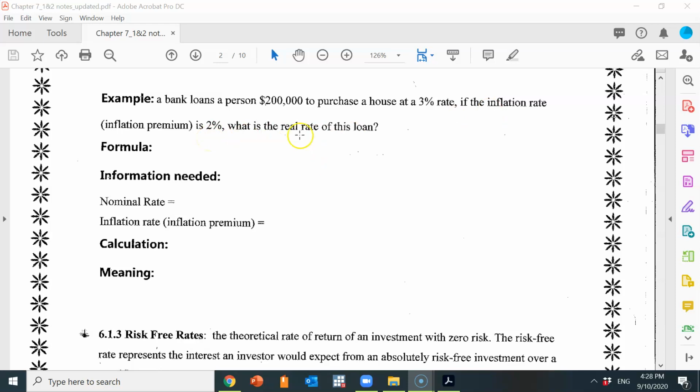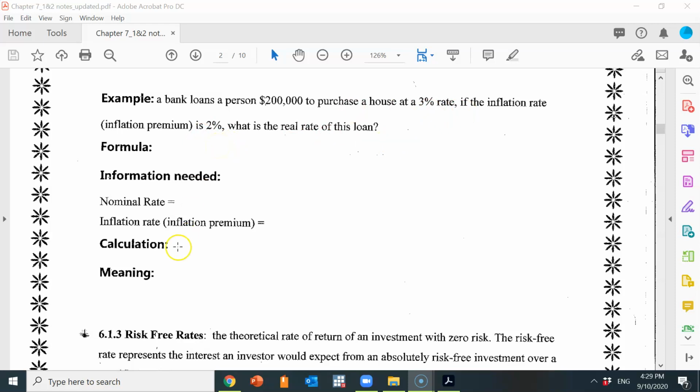We're asking for the real rate, so we have to use the nominal rate minus inflation rate. So the real rate that takes inflation into account is 1%. You just use 3% minus 2%, so it is 1%.